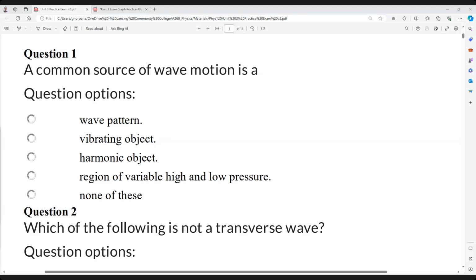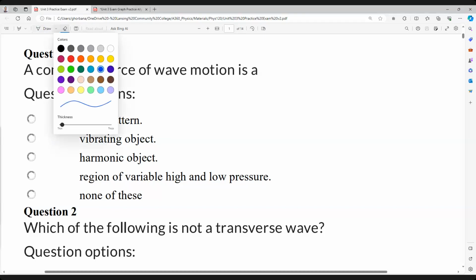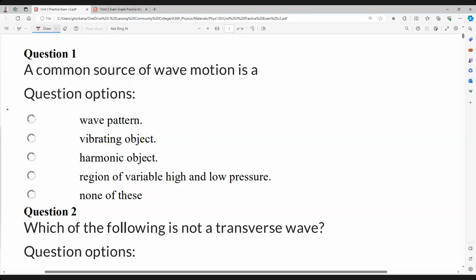Question number 1 is telling that a common source of wave motion is, what do you think? A vibrating object, yes?